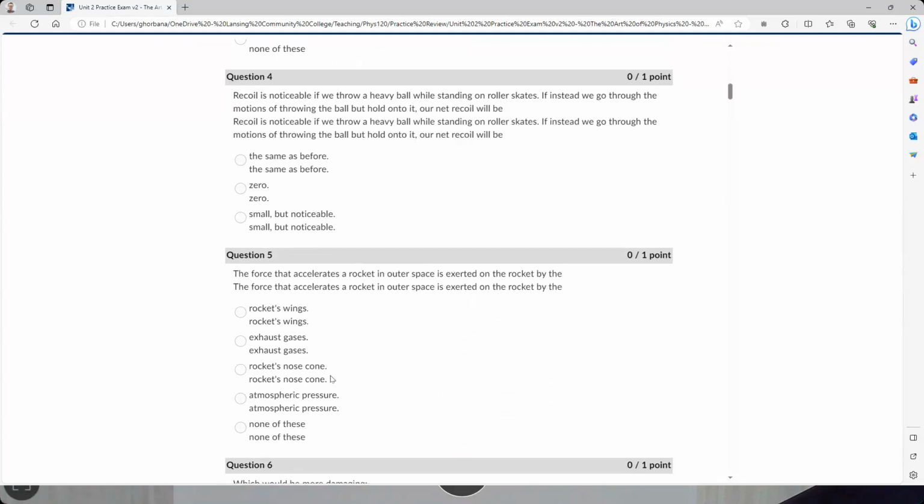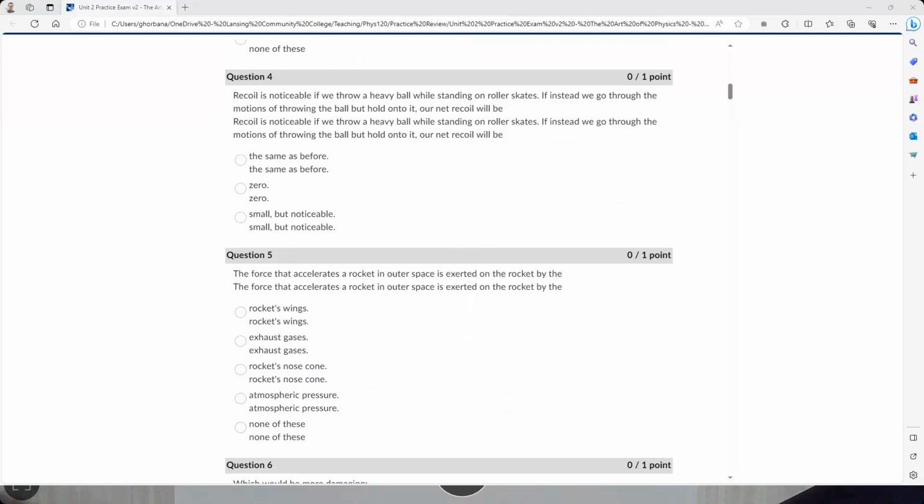Okay. So the force that accelerates a rocket in outer space is exerted on the rocket by... so the reason that the rocket is moving is because of, remember the exhaust force, yes?